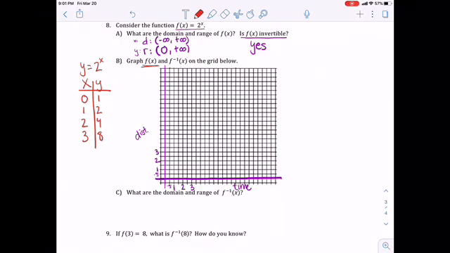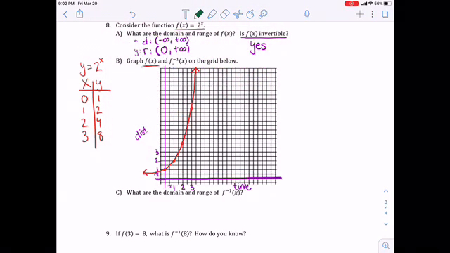So if I graph those points, (0, 1) is right here. (1, 2) is right here. (2, 4), that's 1, 2, 3, and 4. And then (3, 8) is right here. Okay, so here in red, I have graphed my original function.